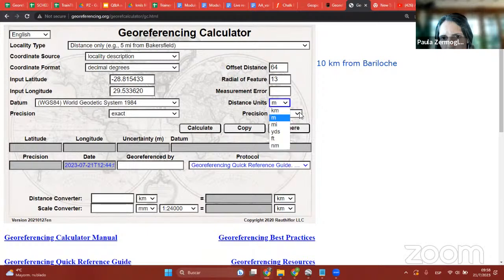If here I put miles, the precisions from which I can choose are already in miles. They change automatically so that we can choose a distance other than whatever the unit is in the description. That is not just the recommended one, it's the one that we have to use. Does this answer your question?